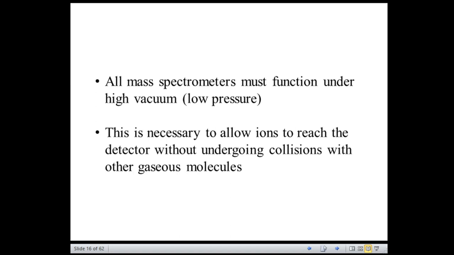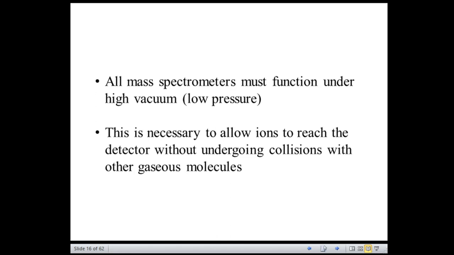So all mass spectrometers must function under high vacuum, that is low pressure. Why is it necessary? This allows ions to reach the detector without undergoing collisions with other gaseous molecules.